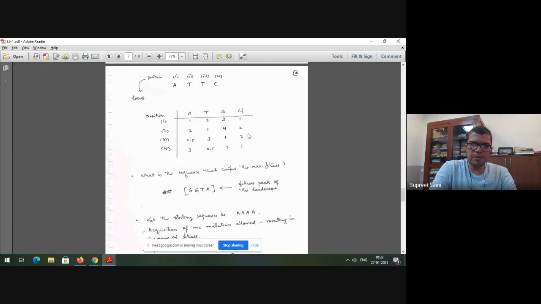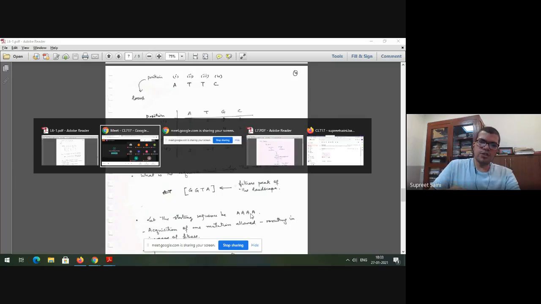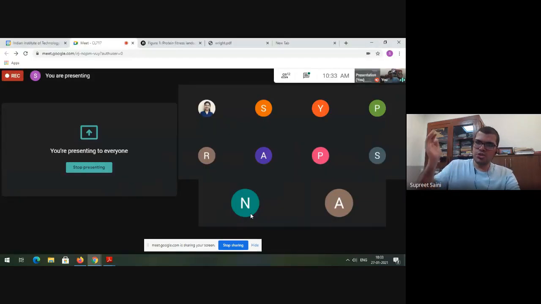If that is the case, irrespective of what is our starting sequence, there is an evolutionary path that leads me to GGTA via acquisition of one mutation at a time. You can start with any sequence you like. You pick up one mutation, and if fitness increases, that means you are moving up on the fitness landscape, right?